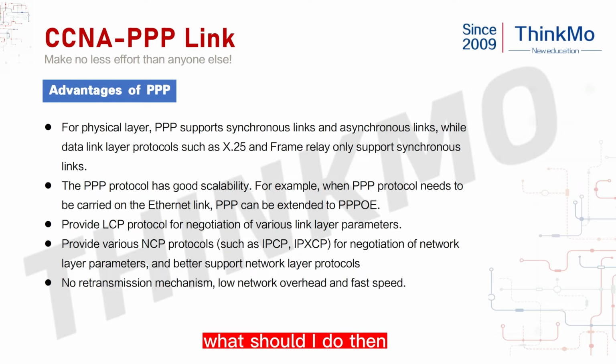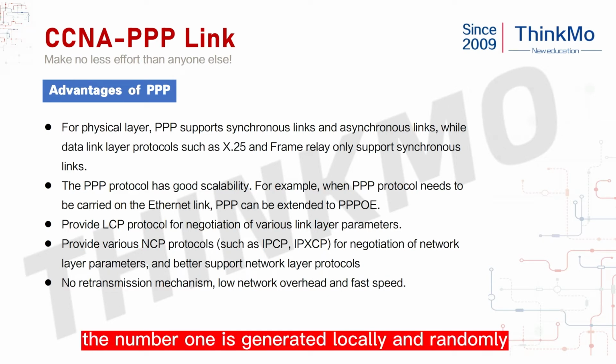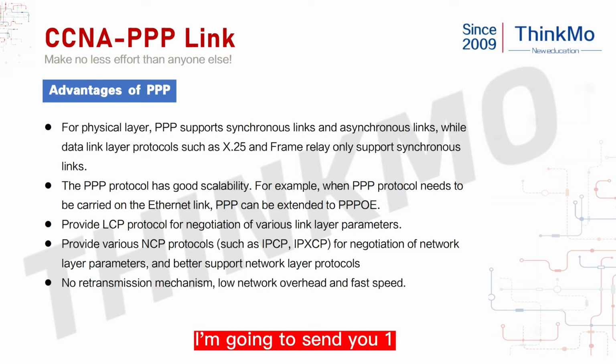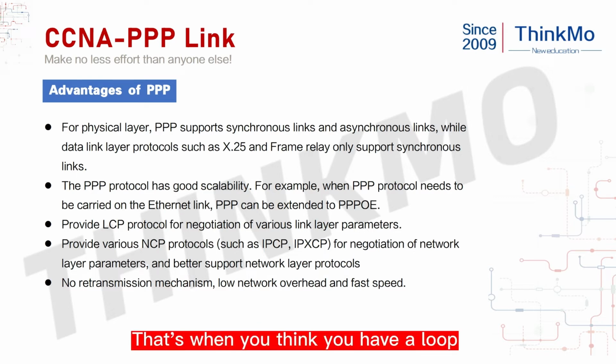What should I do then? For example, the number 1 is generated locally and randomly. In the message I'm sending, I send you the 1. After receiving it, if it's exactly the same as the locally generated 1, that's when you think you have a loop.